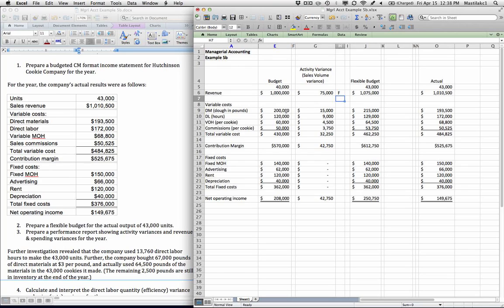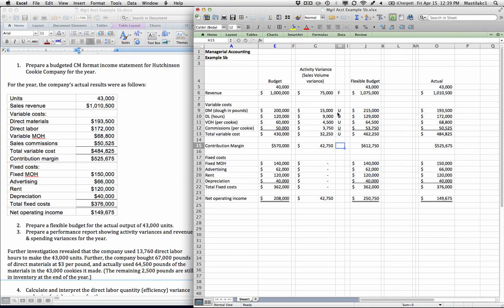We look at our variable costs. As a result of selling 3,000 extra units, all of our variable costs are higher at the flex budget level than at the master budget level. So we're going to call all of those unfavorable because an increase in variable cost will cause a decrease in net income. Now it feels a little bit backwards because we don't mind this increase in variable cost. It's actually a good thing that we have budgeted variable cost increasing because we're selling more units.